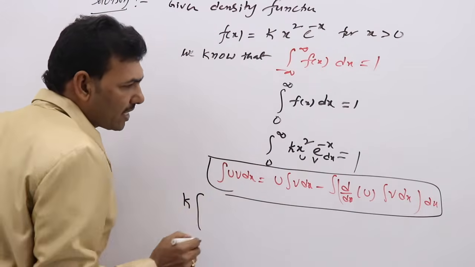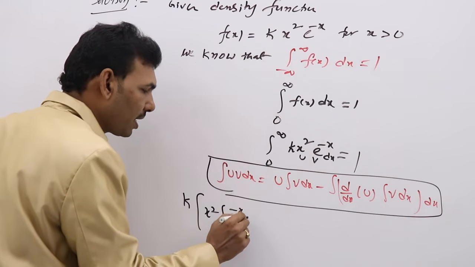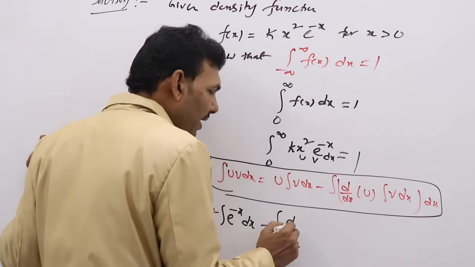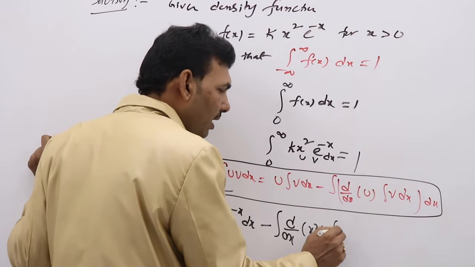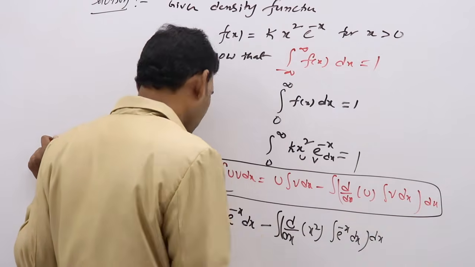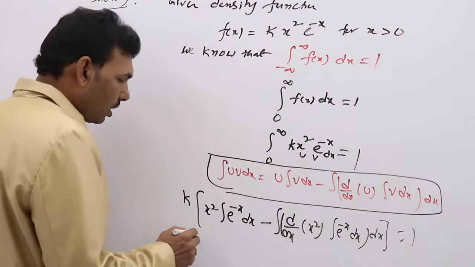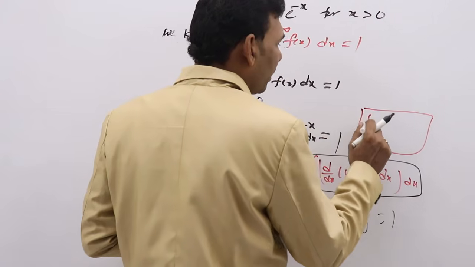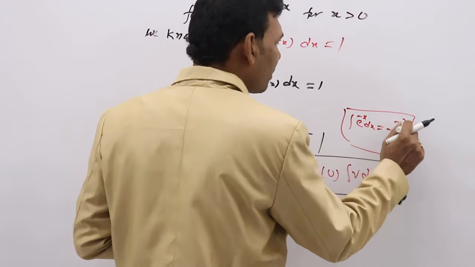So u is x square, v is e power minus x, integral e power minus x dx minus integral of d by dx of u, which is x square, times integral e power minus x dx, whole dx equals 1. Now we all know that the integral of e power minus x is minus e power minus x.